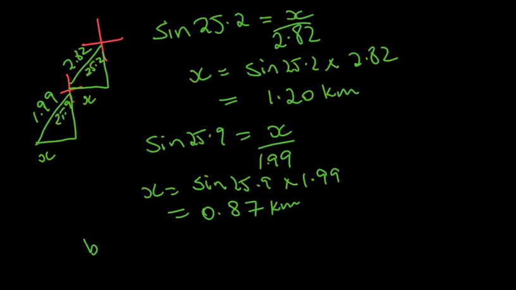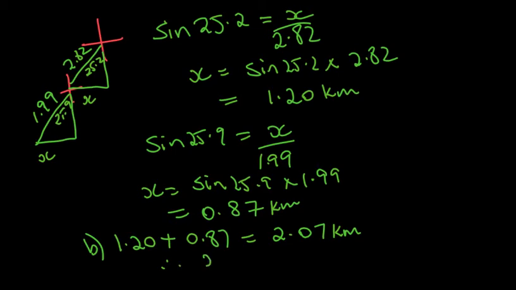So B is equal to 1.20 plus 0.87, which is 2.07 kilometres. So therefore we are 2.07 kilometres west of the start line.